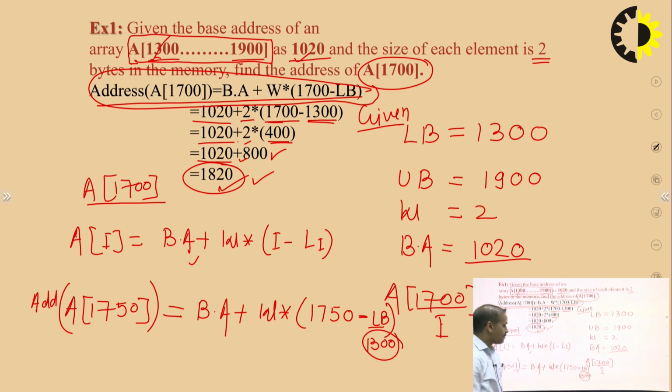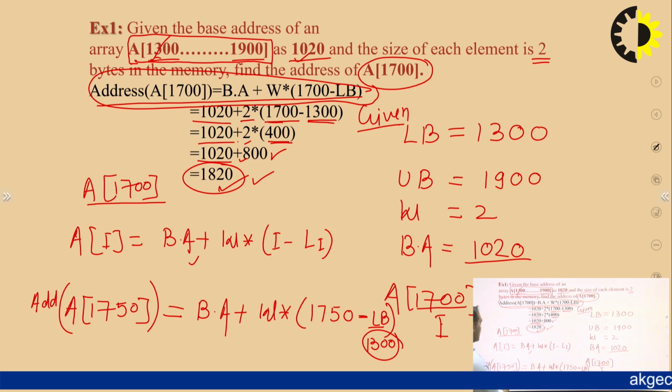By putting in this value, we have evaluated the address of 1750. This is the main formula which calculates the address of an element in a one dimensional array.